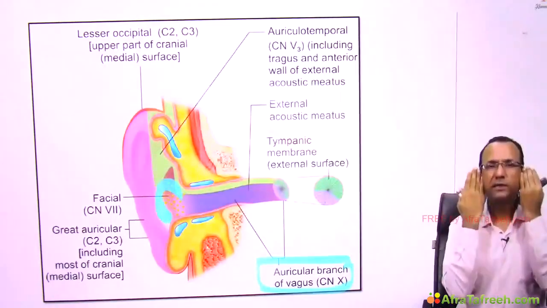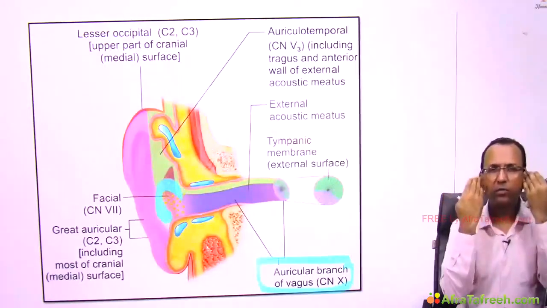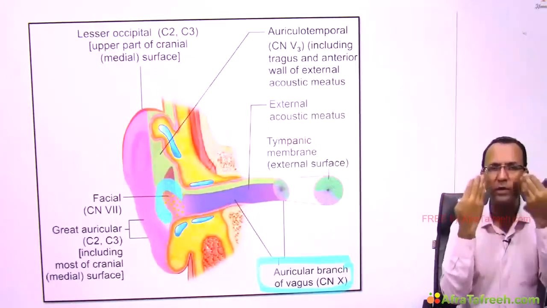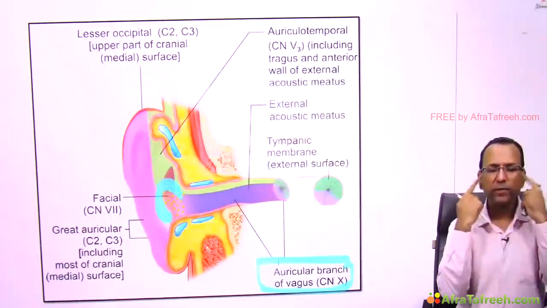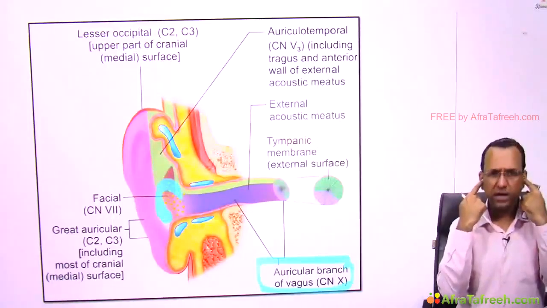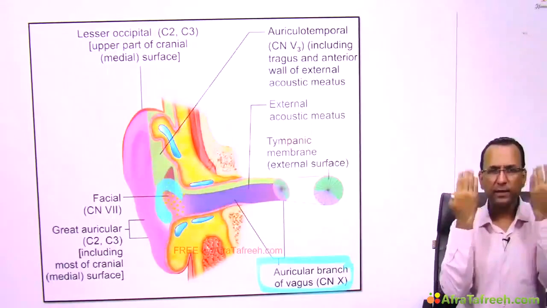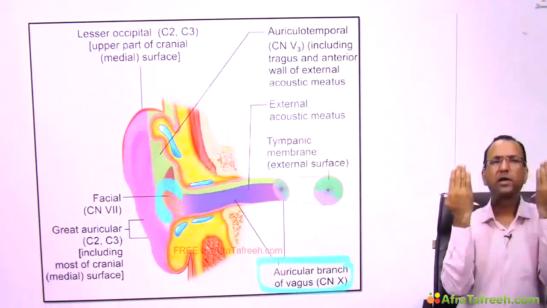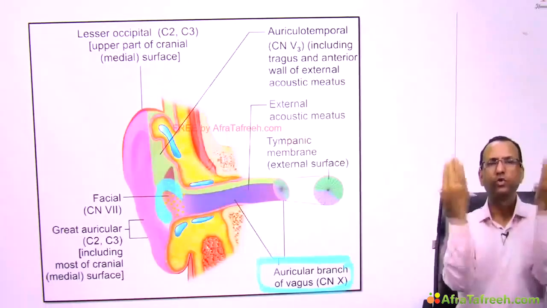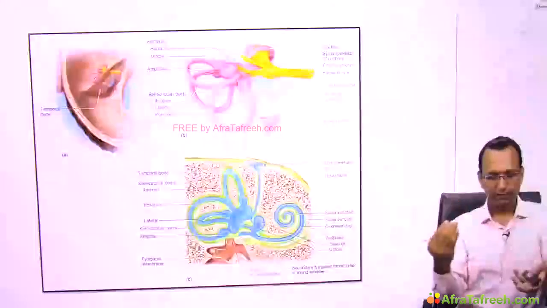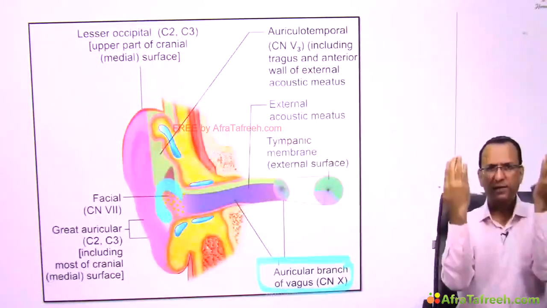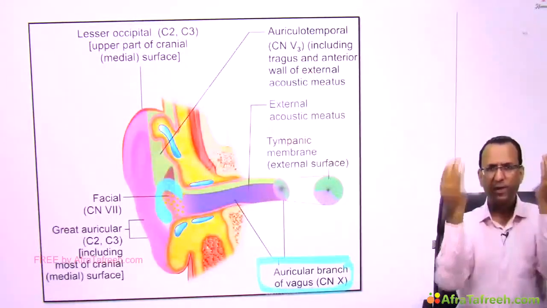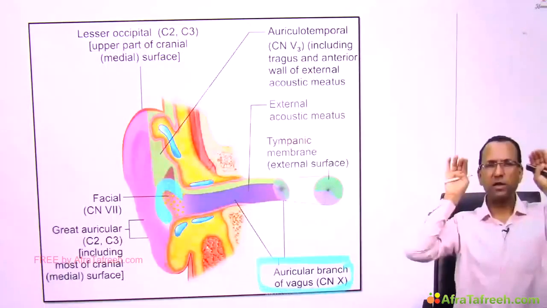If it is the anterior wall and the roof, then the auriculotemporal nerve. Oh, you are telling me the auriculotemporal nerve supplies the tragus anteriorly, so it is supplying the anterior wall of the external auditory canal? Yes, and also the roof. And who is supplying the posterior wall and floor? That is the auricular branch of vagus.